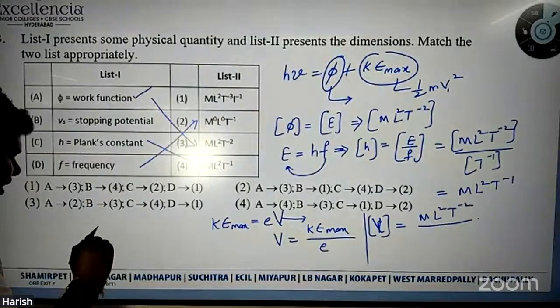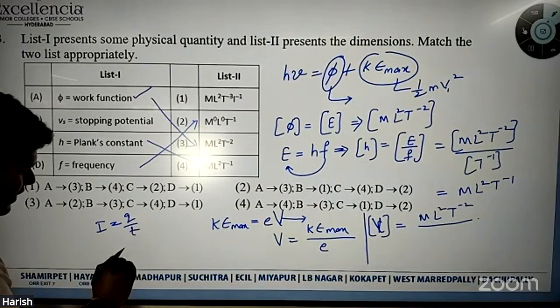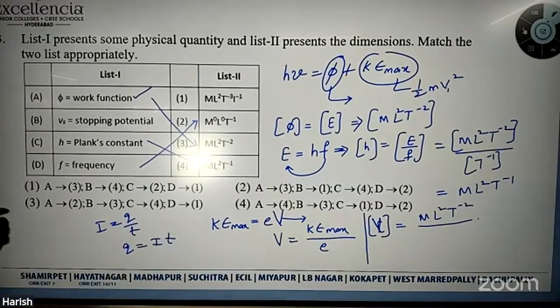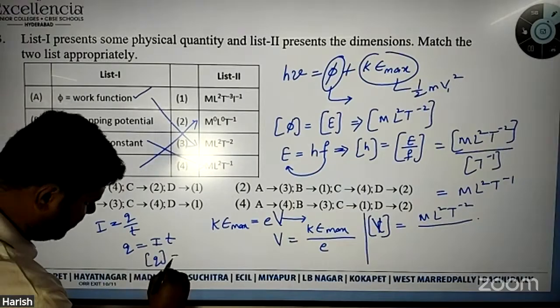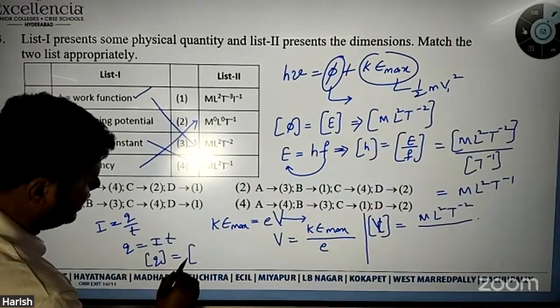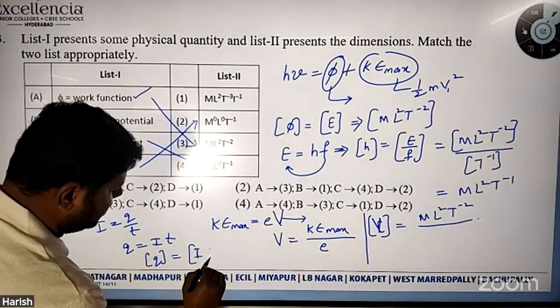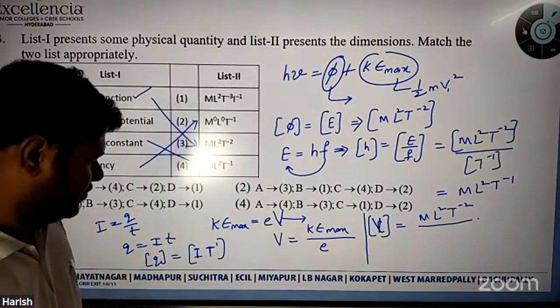And we even know that I is equal to Q by t. Therefore, Q is equal to I into t. So the dimensional formula of Q is nothing but I into T power 1, that is I into T.